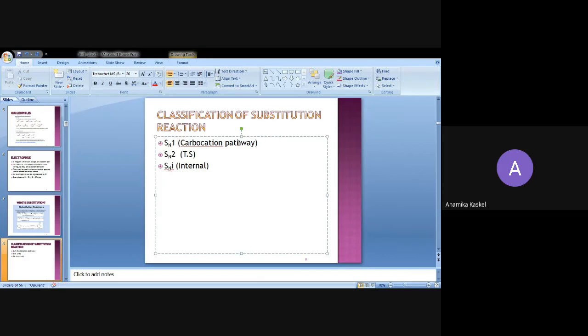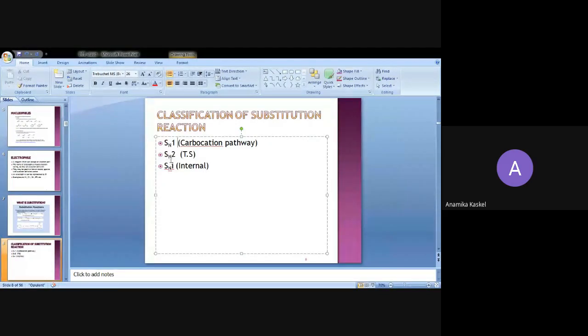Why carbocation pathway? We will discuss it. Next, Sn2 reaction. Capital S, N in the subscript. Don't write S and N in the same line. Please write capital S, then in the subscript please write N, then 2.